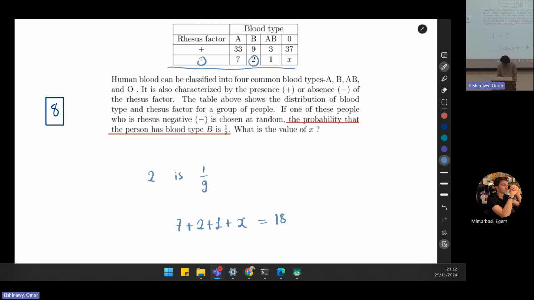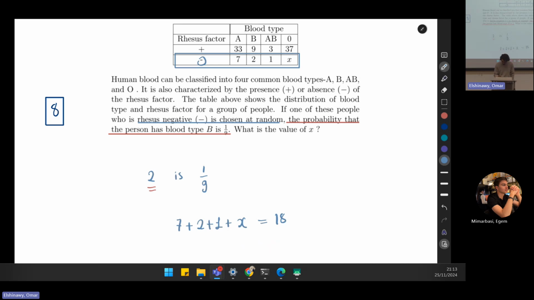So the reason why we take a look at this block is to utilize this fact as the following. Out of 11 people, the probability that the person, so we choose this person from all the people who have a rhesus negative.